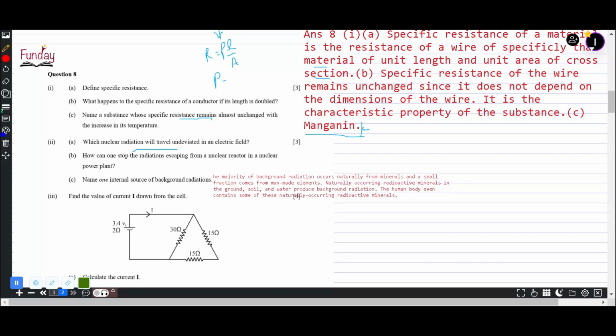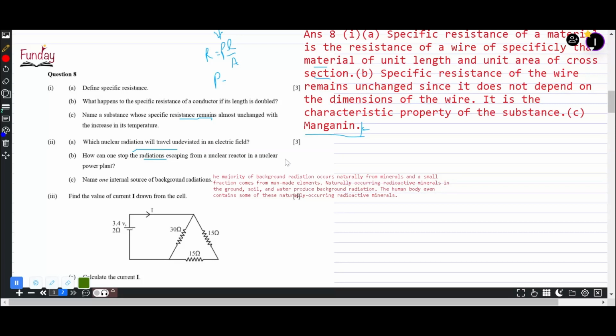And how can one stop the radiation escaping from a nuclear reactor? By putting the whole process inside a nuclear reactor structure, because nuclear reactors are very strong structures with lead and steel walls, which don't allow radiations to escape.